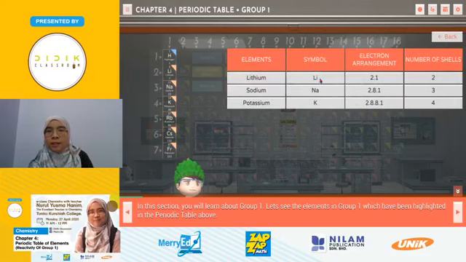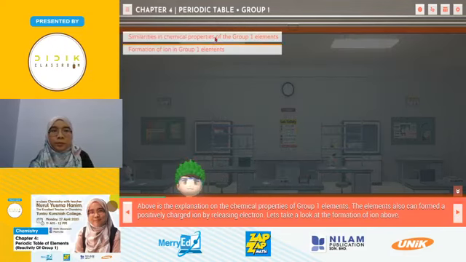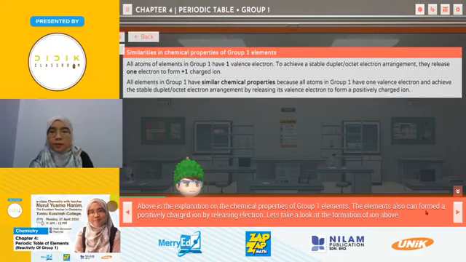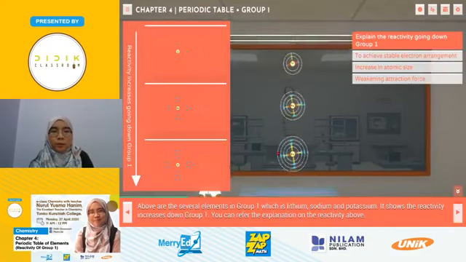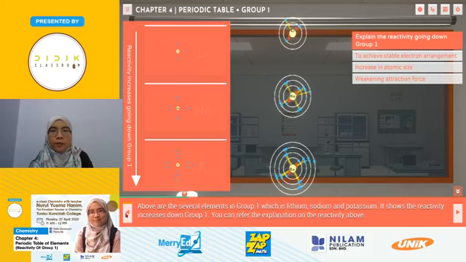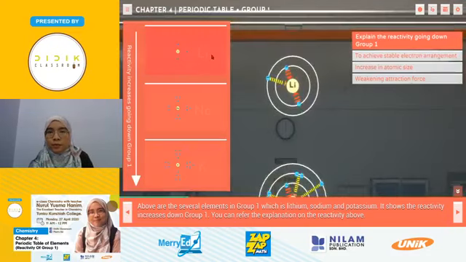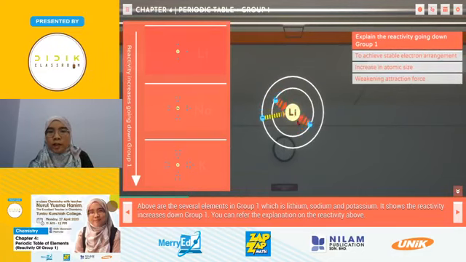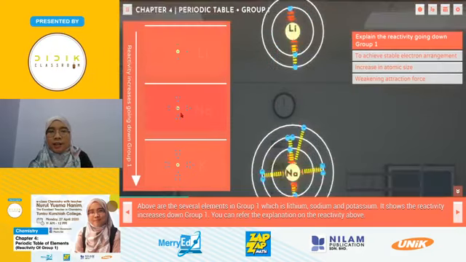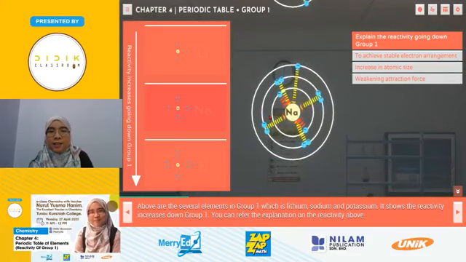Okay, this is the sum of element and electron arrangements. And this is sodium. We can see the attraction forces between nucleus and valence electron. And this is sodium.